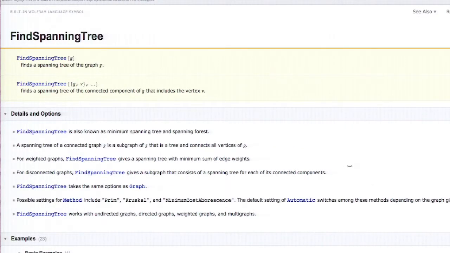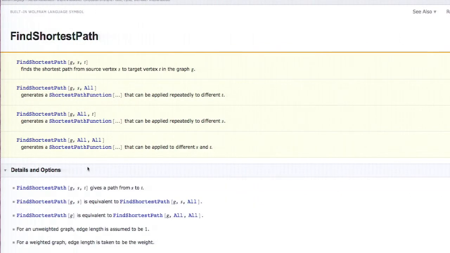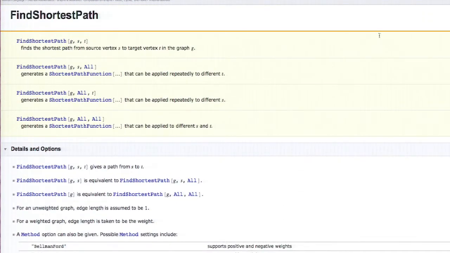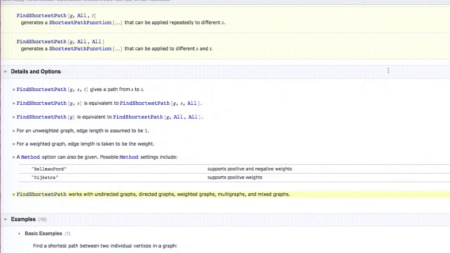Let's see, find shortest path. So for example, for the old function, if you click on updated, you see down here what we just added. All that enhancement work and making the whole system smart is summarized in the documentation with one line.